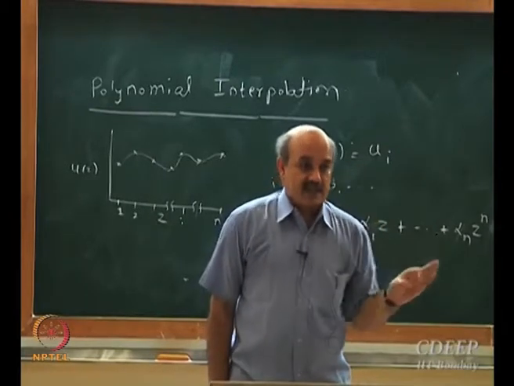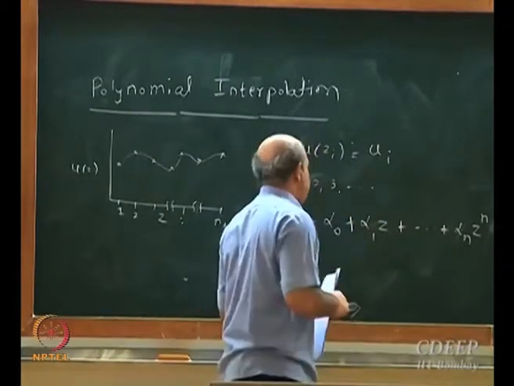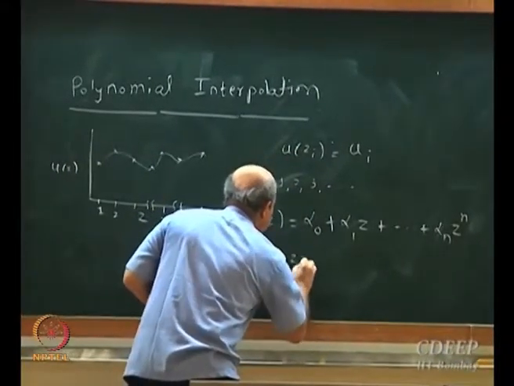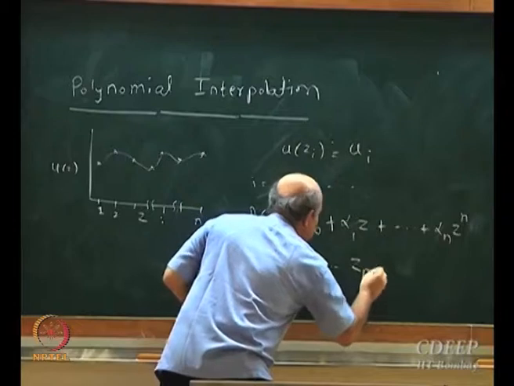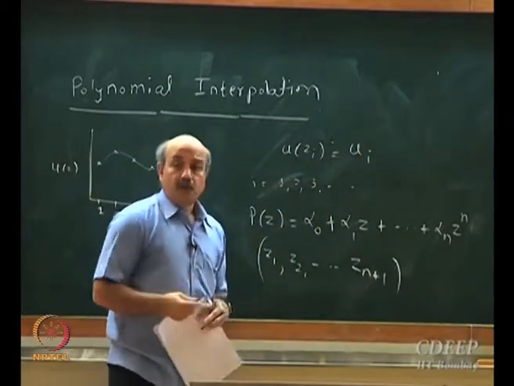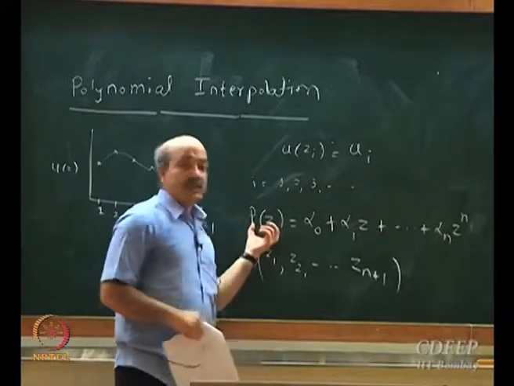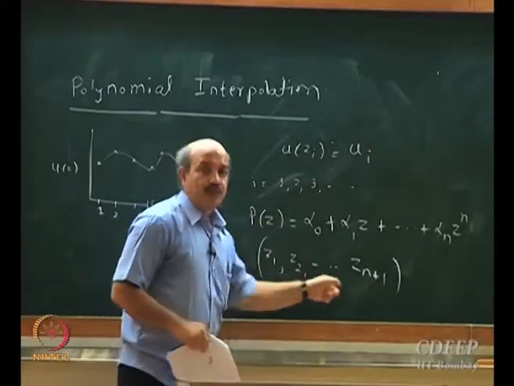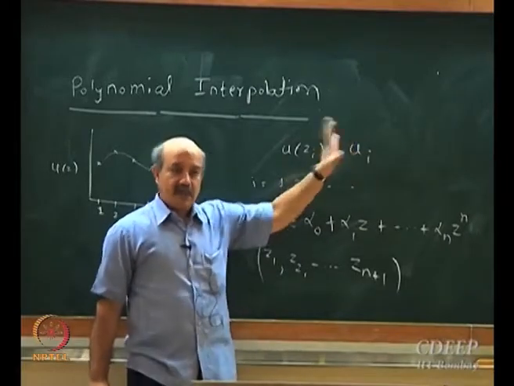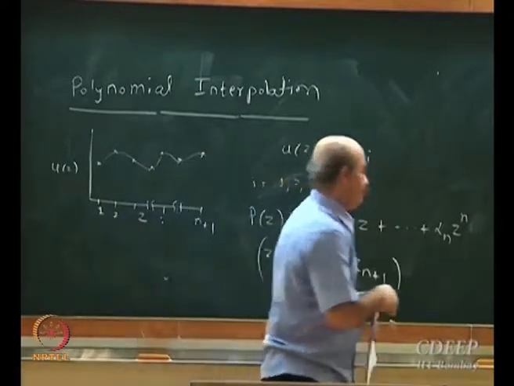So this is the constraint. What does this constraint mean? I have these points z1, z2, up to z(n+1). What I want is that the value of this polynomial at each of these points should be exactly equal to ui. That is an interpolating polynomial.